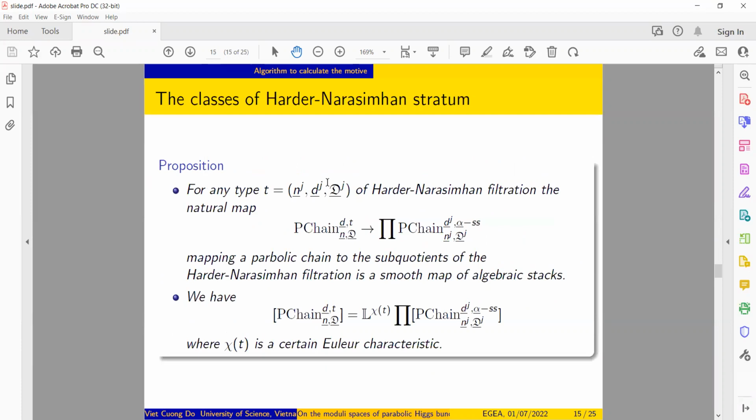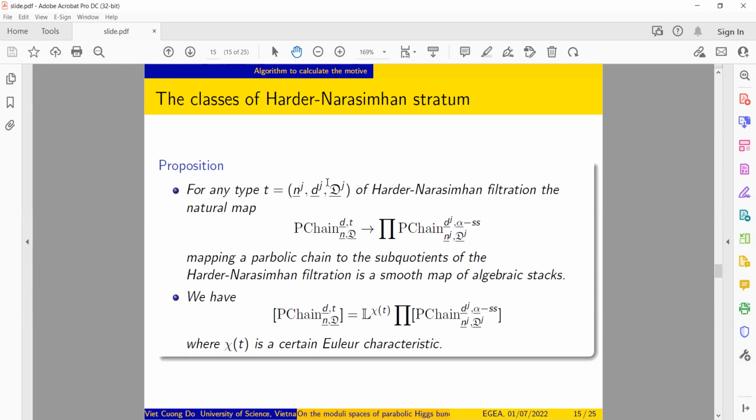To make a calculation with the Harder-Narasimhan filtration, we fix some type of Harder-Narasimhan filtration. Here we fix some rank, some degree, some weight.